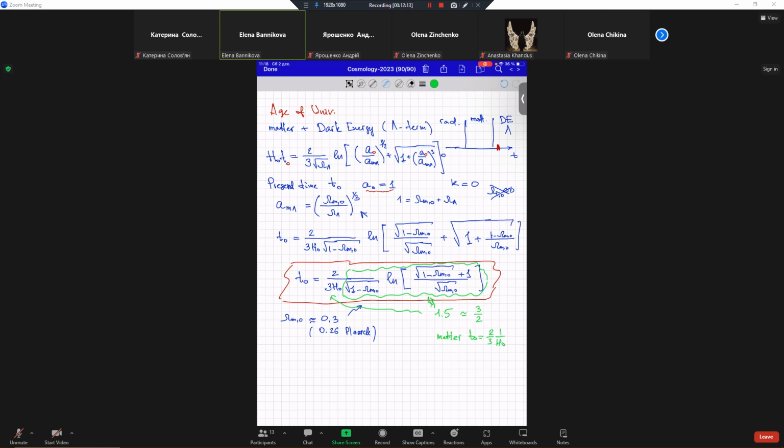So it became less than the age of the oldest object in the universe, and this was one of the problems.